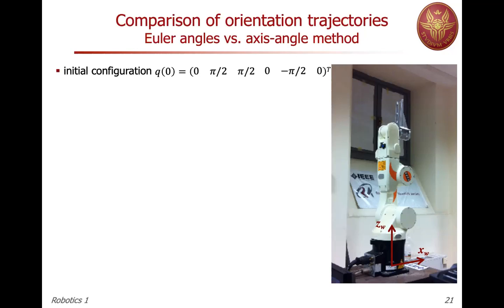We have not shown anything about that because the procedure is exactly the same. If you have to make a reconfiguration from one initial orientation to a final orientation, you just associate to the initial orientation a set of angles of a minimal representation, Euler angles, roll-pitch-yaw, whatever, and the same for the final orientation, and then you connect with any profile you prefer, linear, polynomial, and so on, in space, and then you assign a timing law.